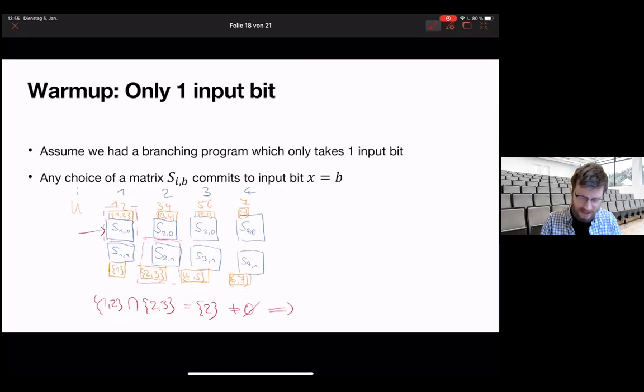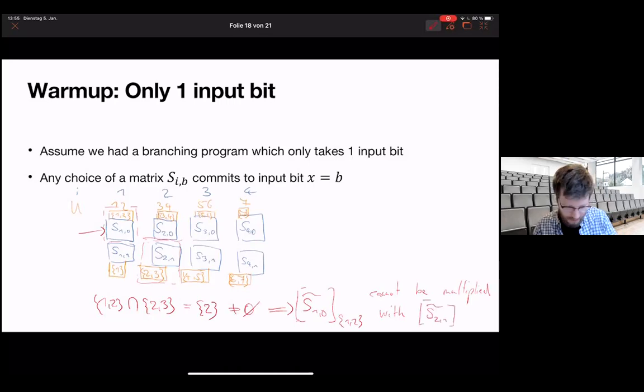And that means S1, or the encoding of S1, 0 at level 1, 2 cannot be multiplied with S2, 1, which is at level 2, 3.